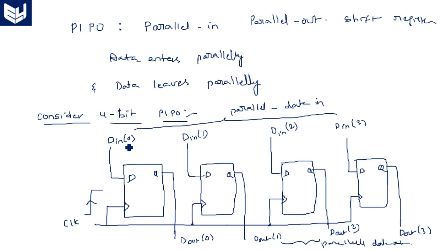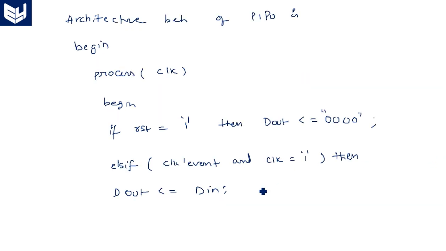D in 0 goes to D out 0, D in 1 goes to D out 1, D in 2 goes to D out 2, and similarly D in 3 goes to D out 3. Hope you understand. All the bits from 0 to 3 on the input side move parallelly to the output bits 0 to 3. So instead of writing individually, as it is a parallel movement, we can write it together: D out is equal to D in when the clock rising edge occurs.